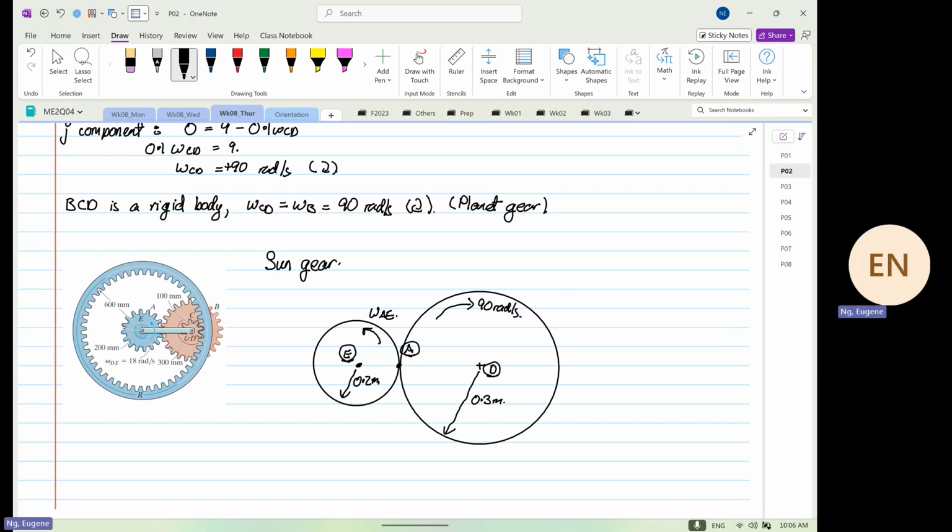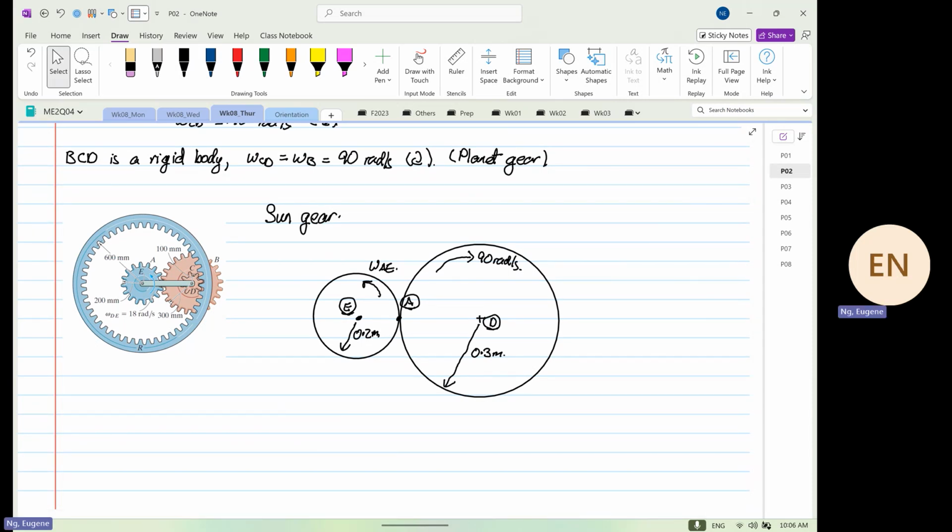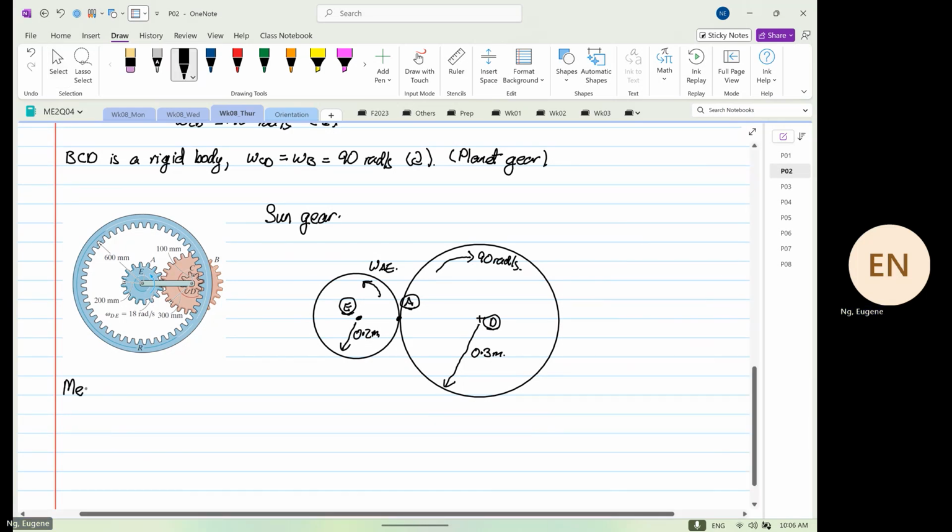Okay, let's do what we need to do. To calculate, we are going to consider the sun gear. So we are going to consider member AE.